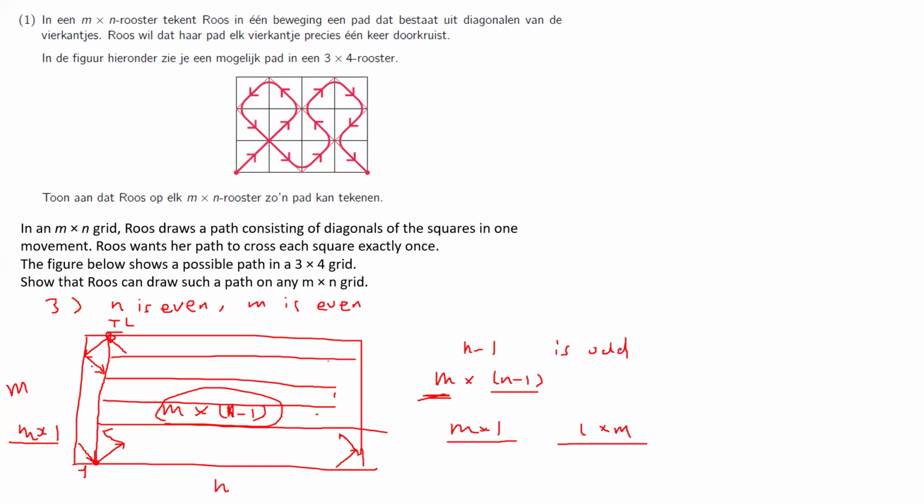So actually it's the right and the right. So that is a proof that for subcase 3, the path also exists. So we conclude that for any case of m and n, for any case of their parity, the path exists. Okay, so that's a proof of problem number 1.